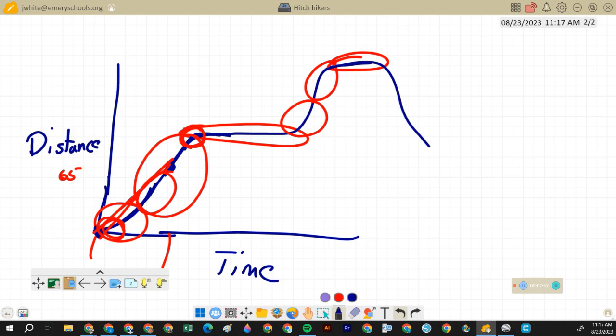But the formulas we have don't work, because if this is my curve and those are my points, the average rate of speed is equal to the slope between those points, right? Well, what if I want this point here?